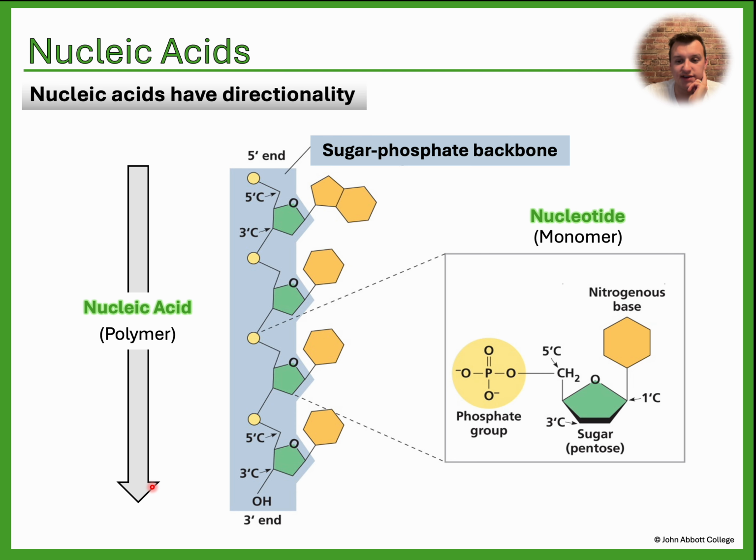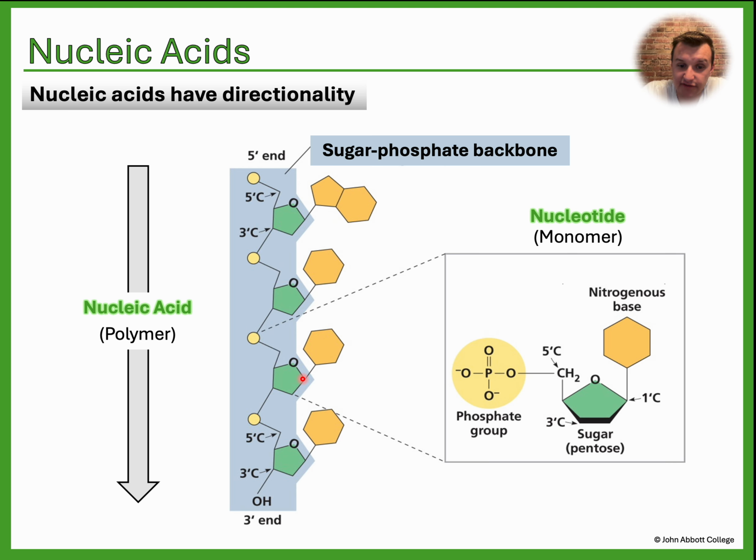I want you to notice that we number our carbons on our sugar. This is the first carbon, second, third, fourth, and fifth. The fifth carbon is always the one that touches the phosphate. The first carbon is always the one that touches the nitrogenous base. So technically, here is a phosphate. We call this end the 5' end of the DNA, because the phosphate is hanging out over here.